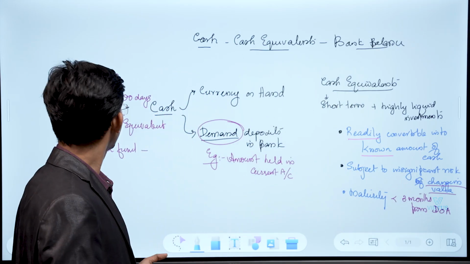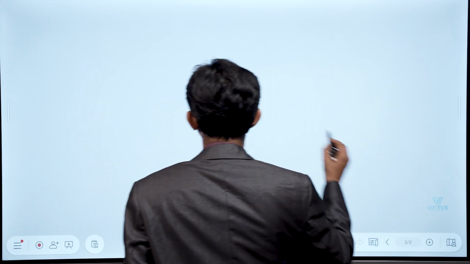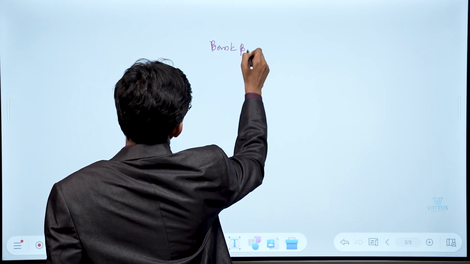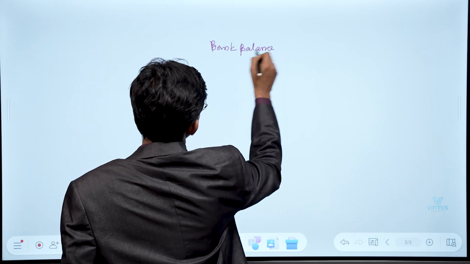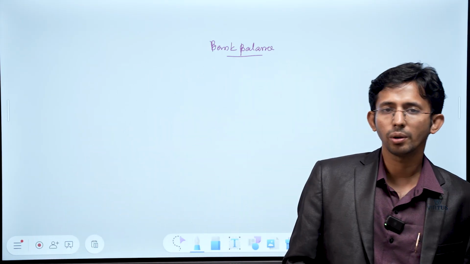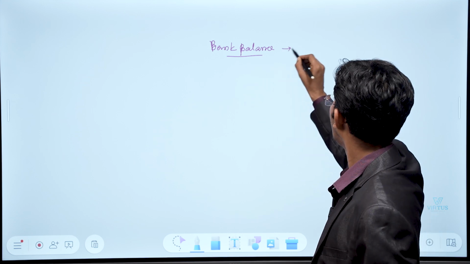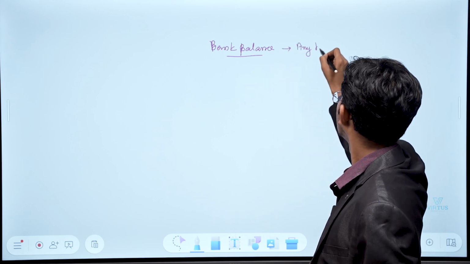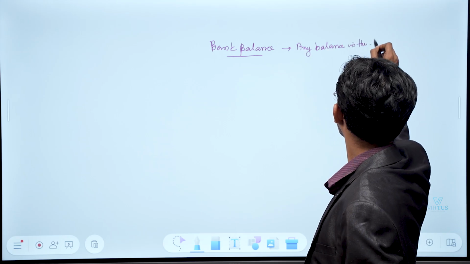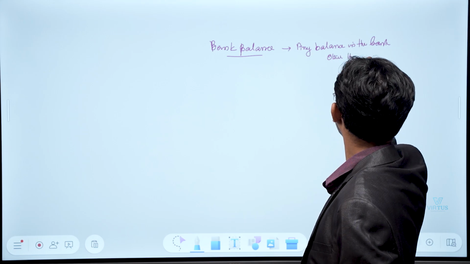Okay, right. So now I will have to come to the next point. What do you mean by bank balance? Typically, this bank balance is not something which is defined in the Companies Act or Schedule 3, or even in the Ind AS. So bank balance means any balance in the bank, other than two things.